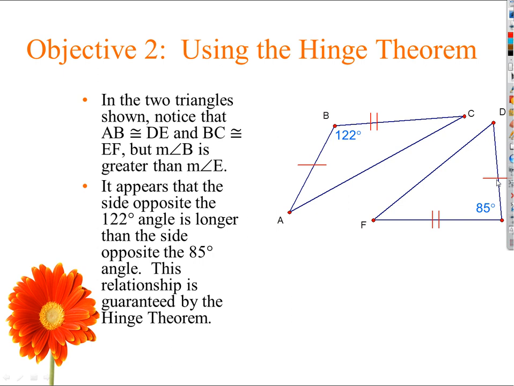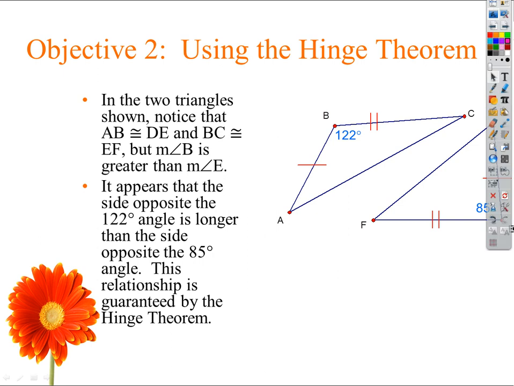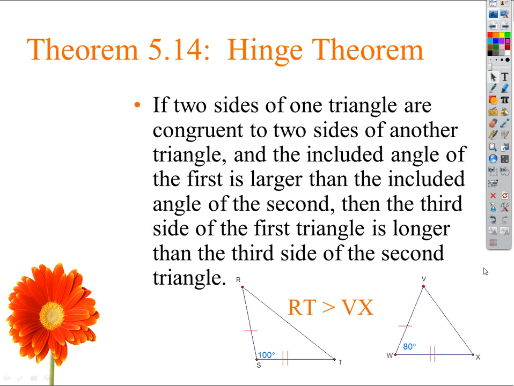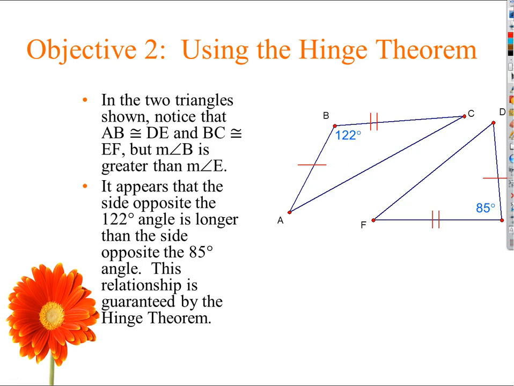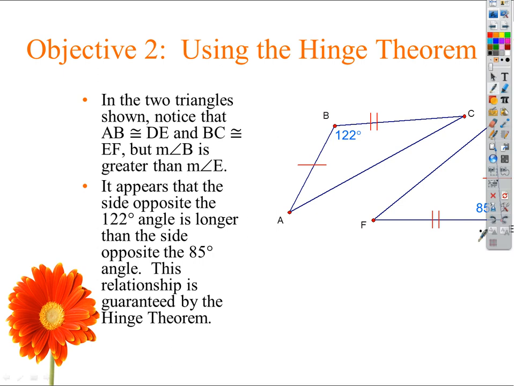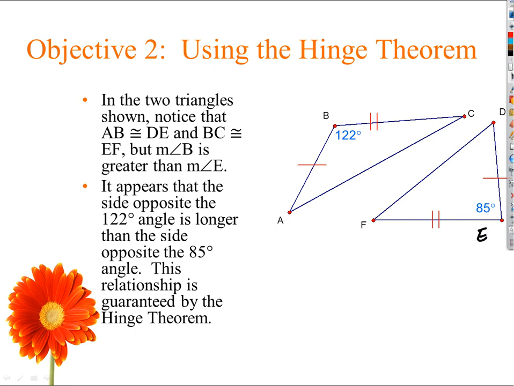So in this case, side AB is congruent to side DE. So AB is congruent to DE, and BC is congruent to FE, right?